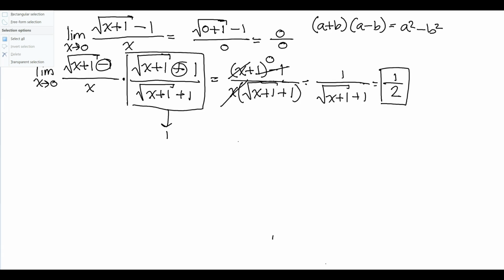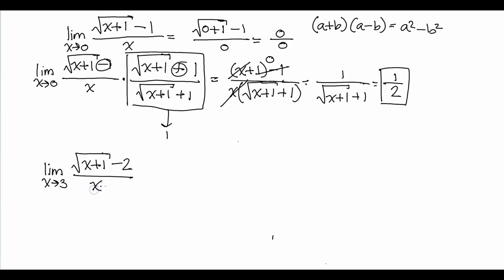So let's do a different one, where we do not have just x in the denominator. Let's do this one: the limit as x approaches 3 of the square root of x plus 1 minus 2, over x minus 3.